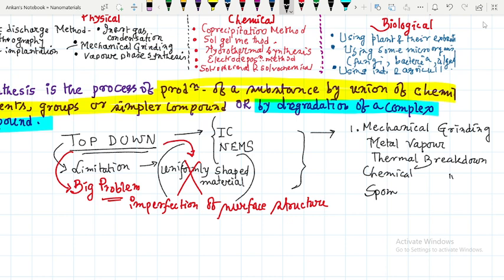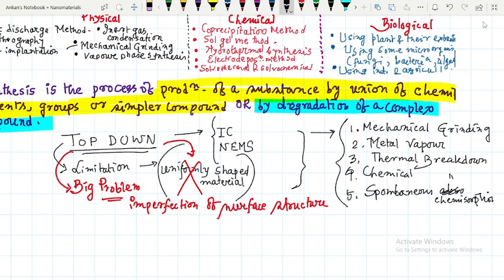These are some of the various processes employing the top down approach.